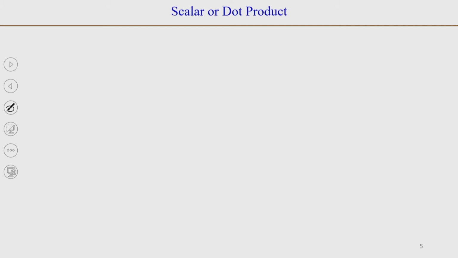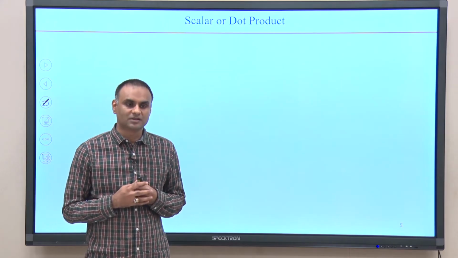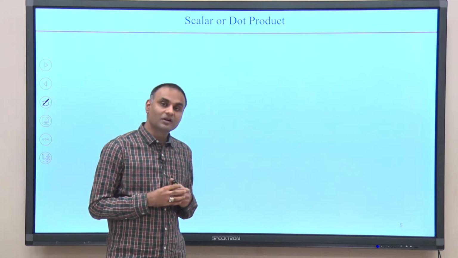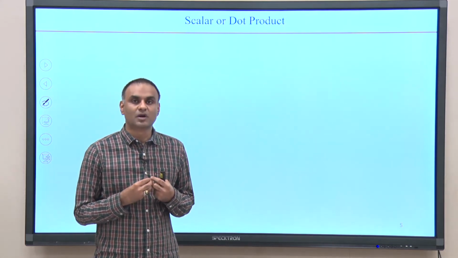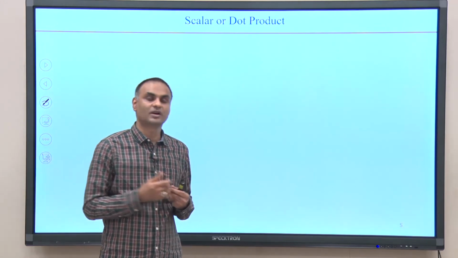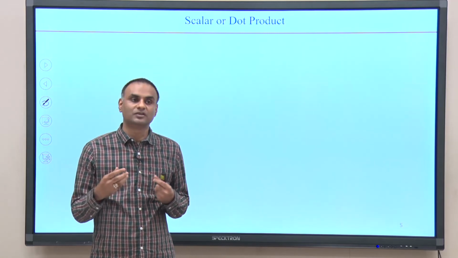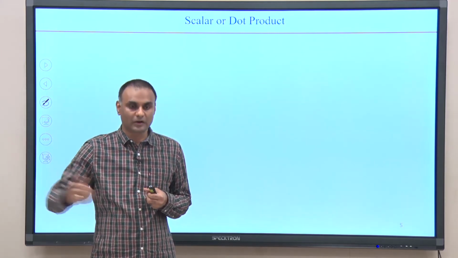So, the next operation is product. When we talk about product, we can actually have three different operations on vectors. When you multiply two vectors, you can get a scalar quantity, a vector quantity, or a tensor of second order.